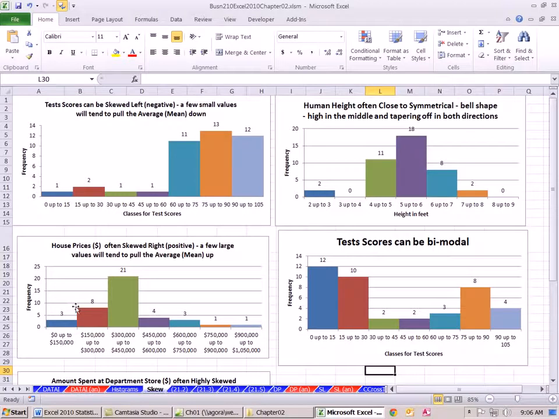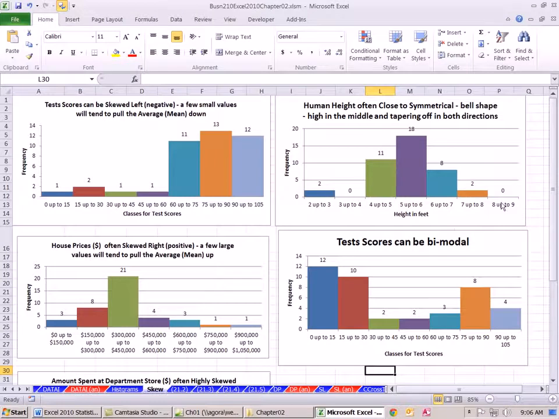Again, if you were to calculate the average, this $1 million house would pull the average or mean calculation up. Now, these are house prices, and that sort of makes sense, right? 150 to 450,000 for this particular area. That's where most of the house prices are. But oh, there's a few really expensive houses up on this end. So this is called skewed to the right or positive.